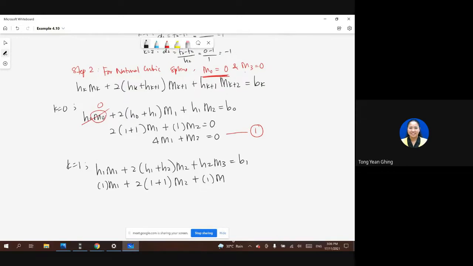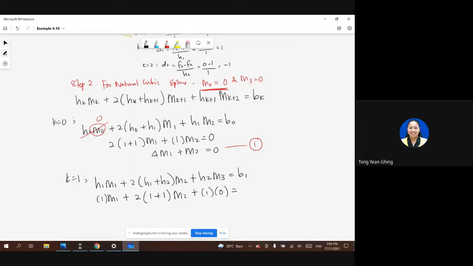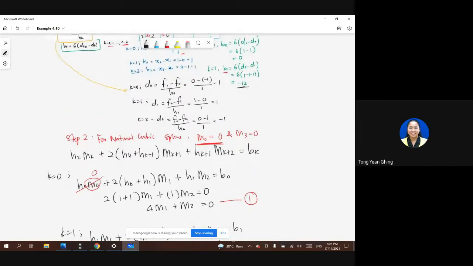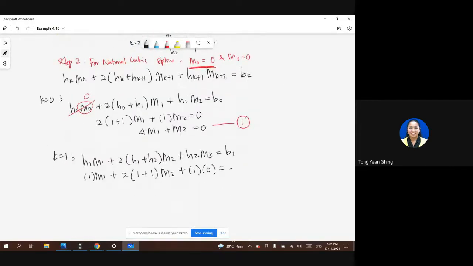Go back to just now, M3 is 0, so that term is 0, equal to B1. B1 is negative 12. So this cancels out and becomes M1 plus 4 M2 equal to negative 12. And this is the second equation.